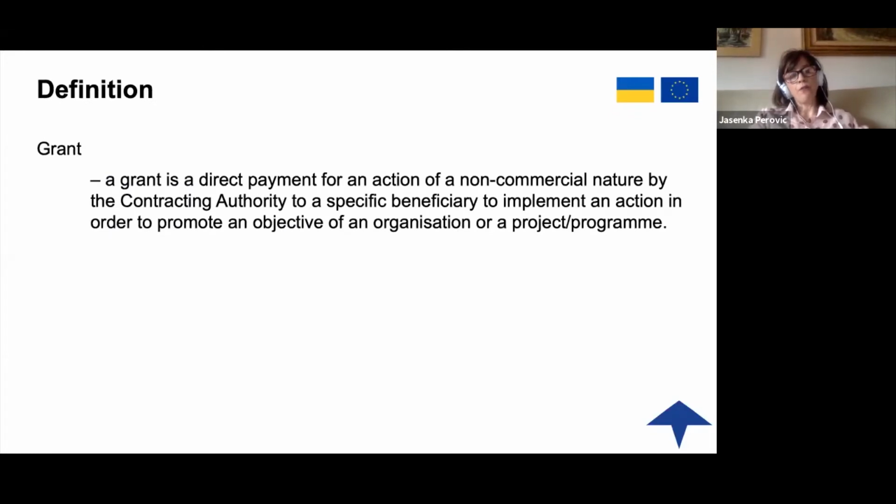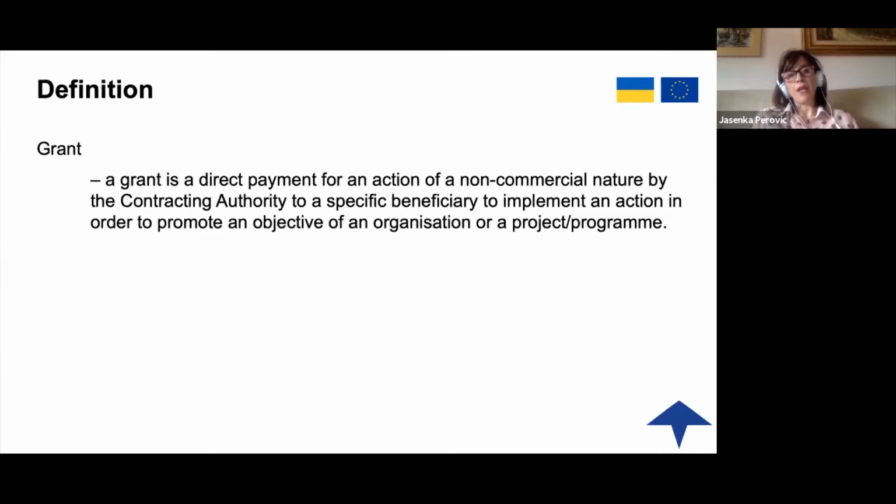Okay, because for me, it is difficult to assess the structure of the audience today. Some of you may be quite experienced with applying to EU grants so far. Some of you are really novices in this process, but for a joint understanding, I would like to share with you what basically the definition of a grant is.